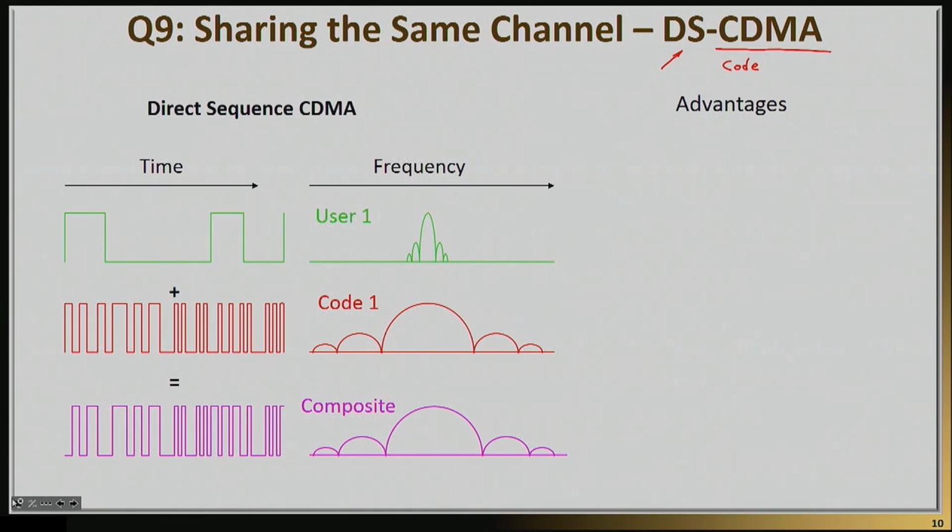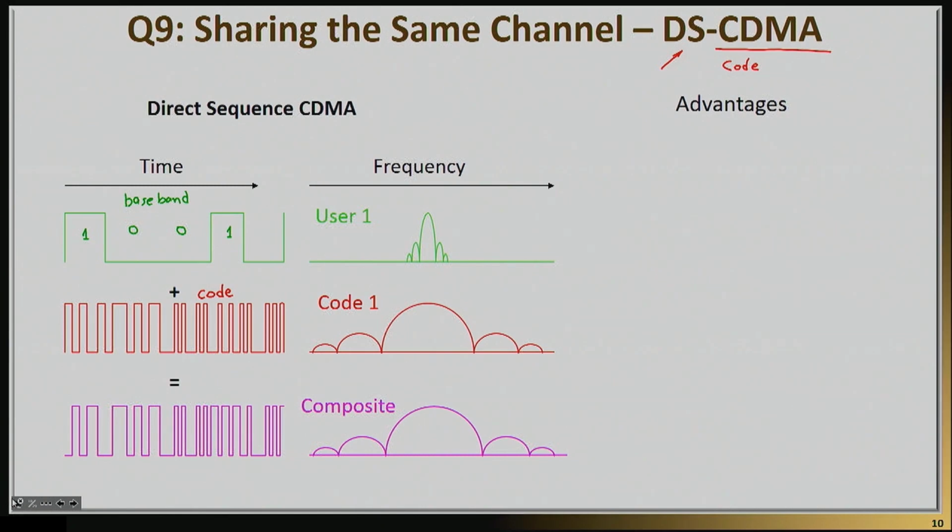So here's one technique. We all start from a baseband signal. These are the bits that you're trying to transmit. For example, this is bit 1, this is bit 0, this is bit 0, this is bit 1, and so on and so forth. Then you multiply this waveform with a code. This code is a much, much faster varying signal, and it is essentially pseudo-random.